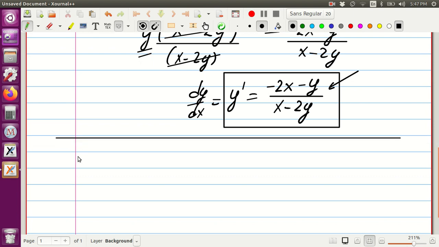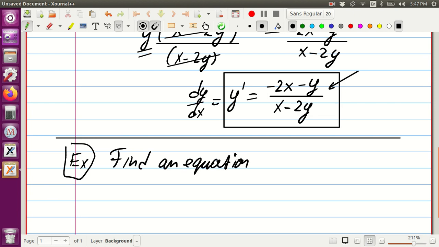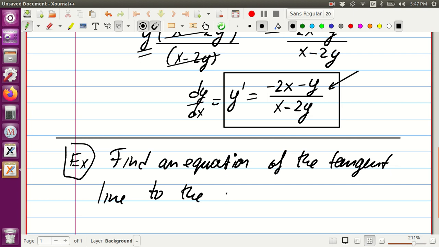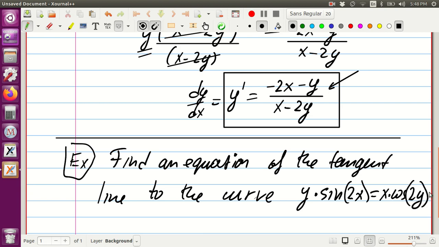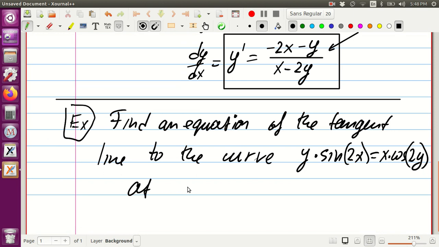It says find an equation of the tangent line to the curve y times sine of 2x equals x times cosine of 2y at (pi over 2, pi over 4), and that's our point on the curve.